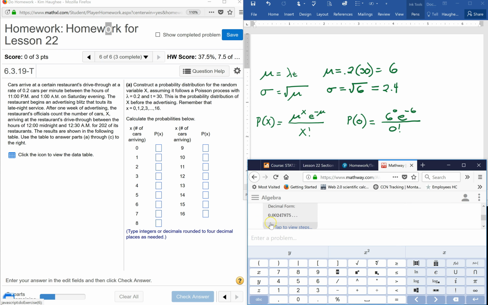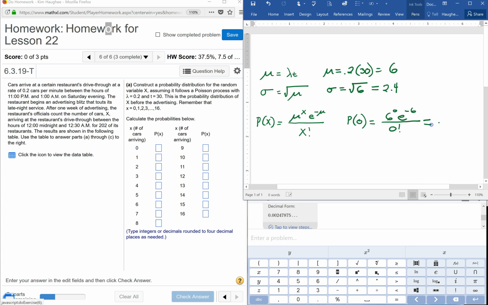And the decimal form is 0.00247875. And we are to write our decimals out to 4 decimal places. So this is 0.0025. I'm going to type that into our different boxes here and make all those calculations.